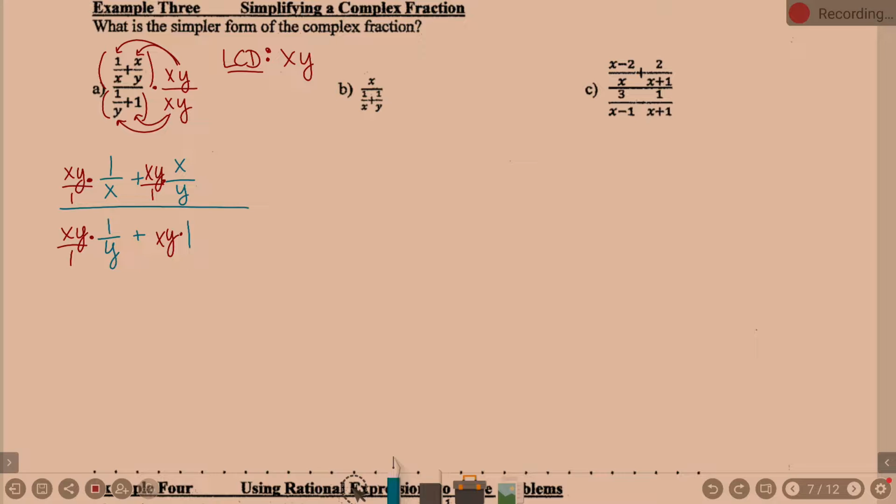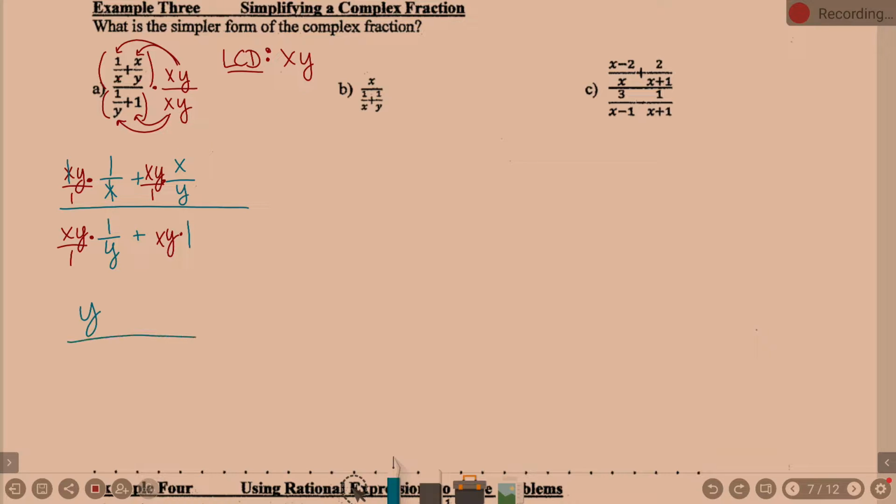What happens there? Think cross-canceling. I know you guys aren't always fans, but it is better. If we think cross-canceling here, what happens? There's an x here with an x there that cancels, leaving what? y times 1 divided by 1, which is just y.